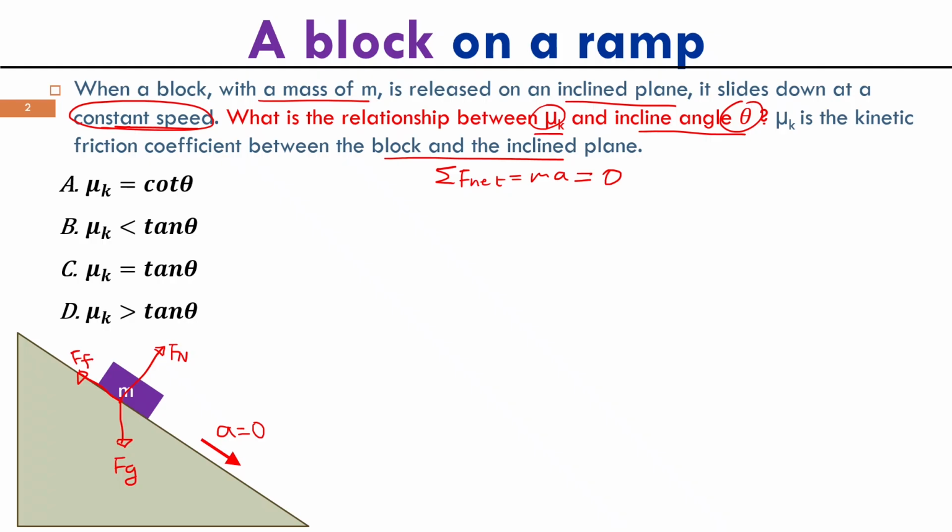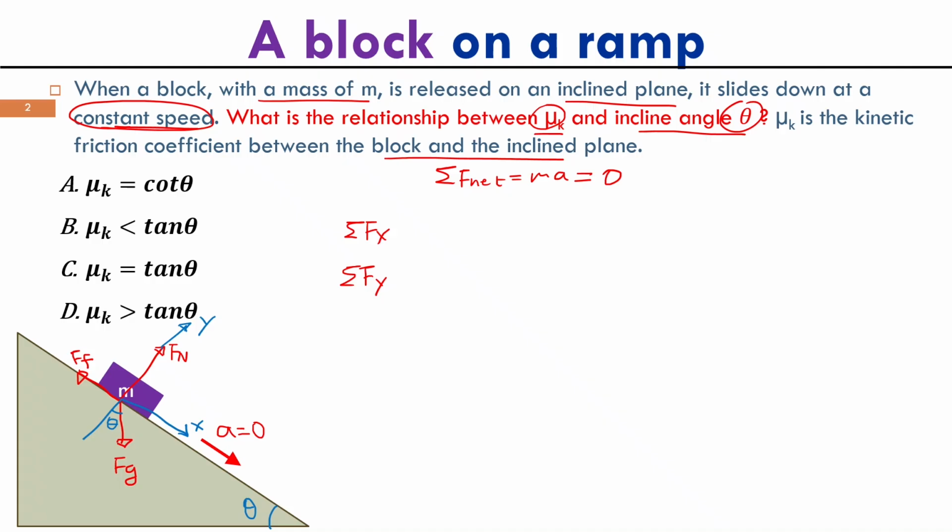So from the free body diagram, we can learn the net external force along the x direction and the net external force along the y direction. If I construct going down as my positive x direction and perpendicular to the ramp as my positive y direction, and this angle here is theta, I know this angle is theta too.